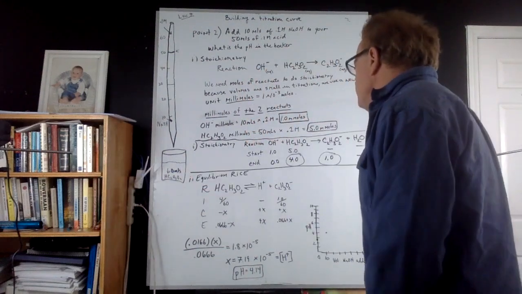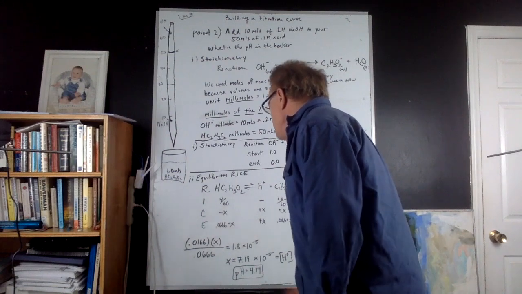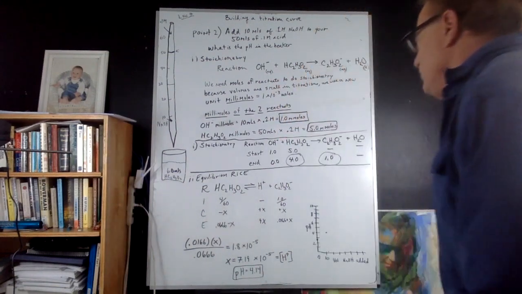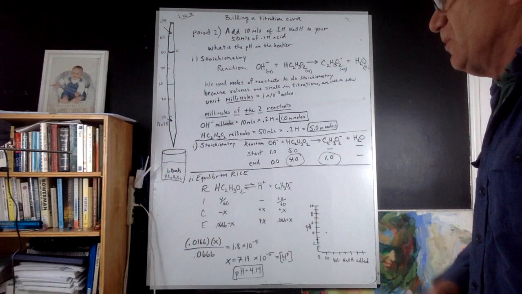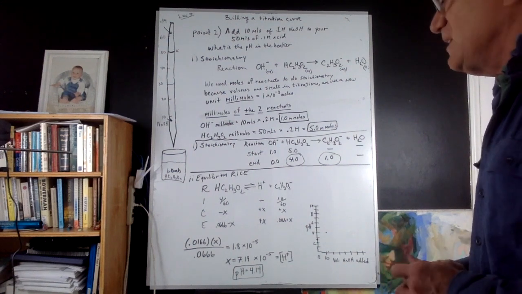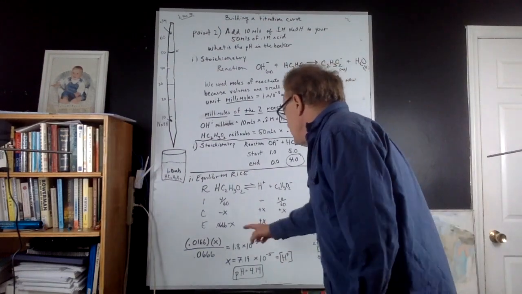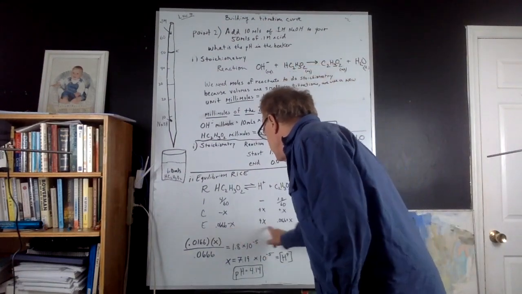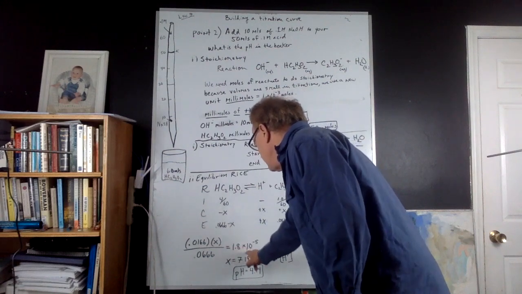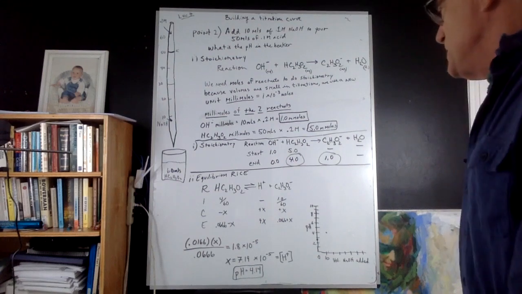Okay, so you have minus x, plus x, plus x. You end up with that math right there. You just assume that x is 0 relative to those numbers, and you check to make sure that's valid when you solve for x. So if you assume x is 0 compared to this and this, you end up with this math right here. X ends up being equal to 7.19 times 10 to the minus fifth.